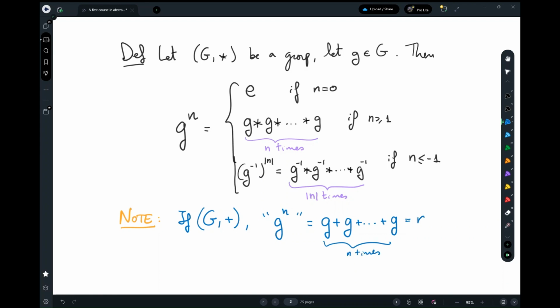So it is really n times g. So it depends on what the operation is, but g to the n will denote when we operate n times.